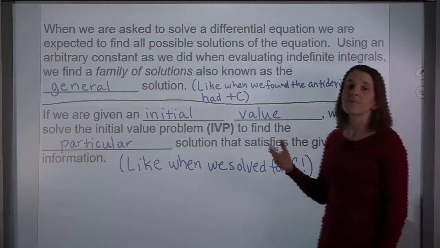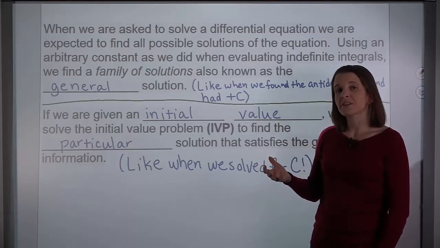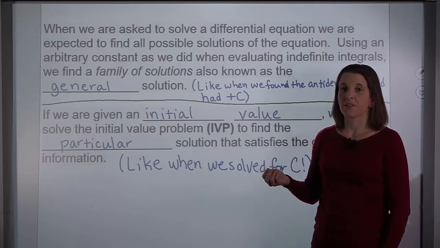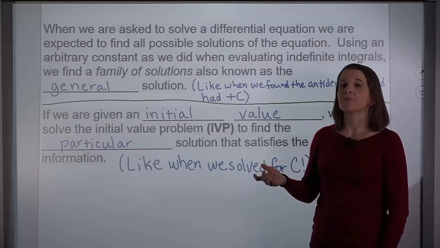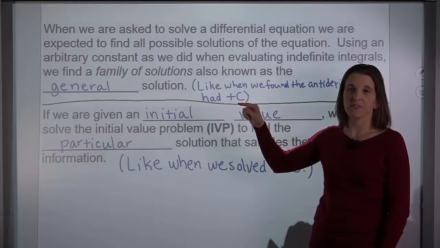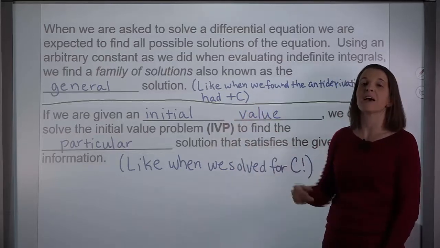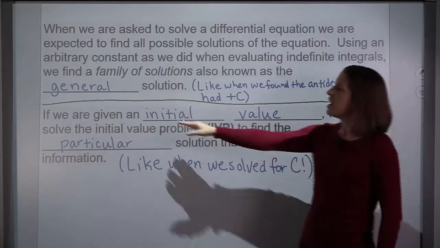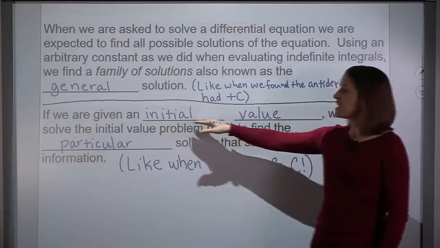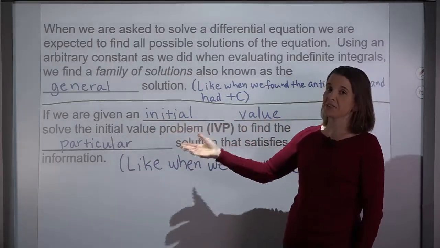But back when we were very first learning antiderivatives, we sometimes were given an extra piece of information called an initial value, and we were able to use that piece of information to pick out one of the family of functions, and solve for c. And so, again, we're doing that. We just have some new language for it. If we're given an initial value, then this is called an initial value problem.